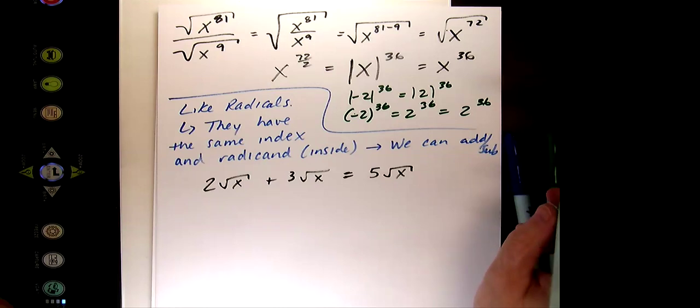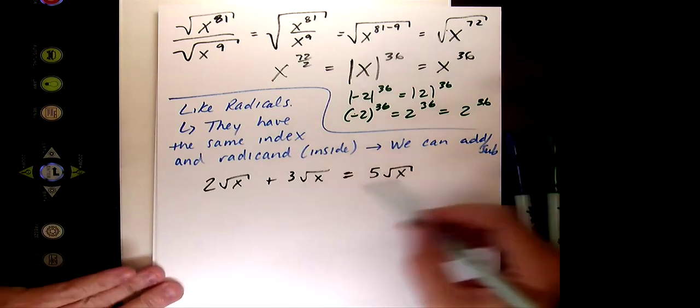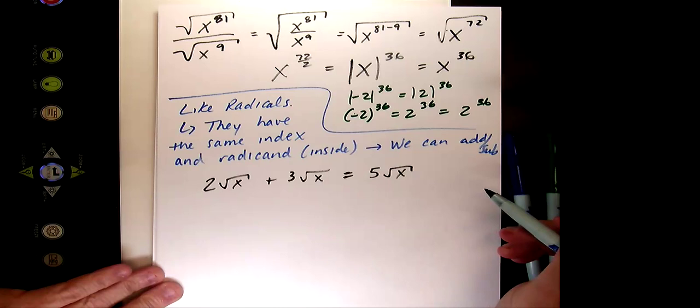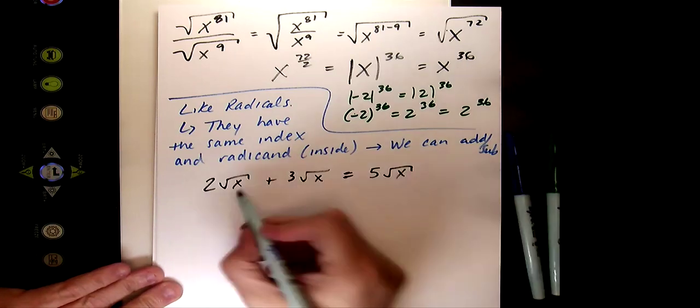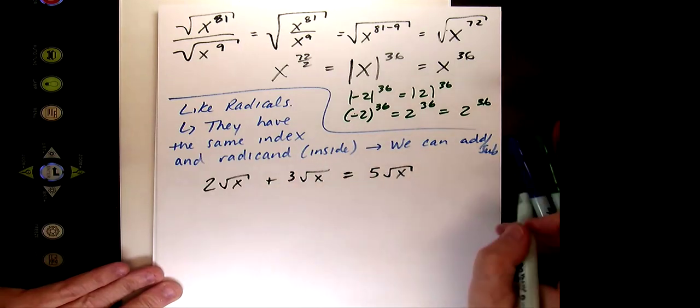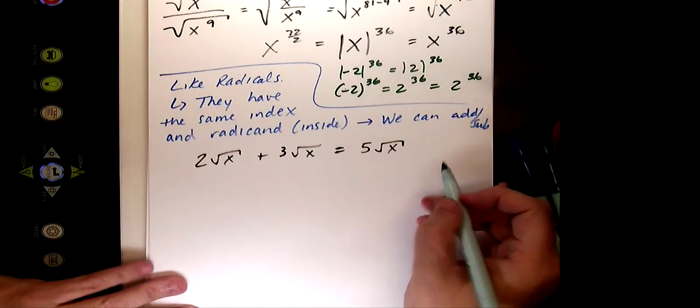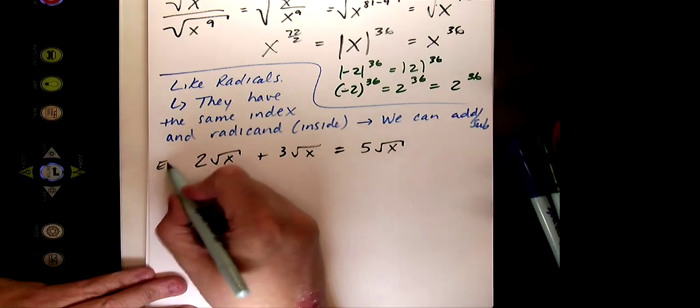That makes sense. Kind of like saying 2 apples plus 3 apples equals 5 apples. That may sound like dumbing it down, but you could treat it as an object, and you're adding up objects. That's your first example. That's an easy one.